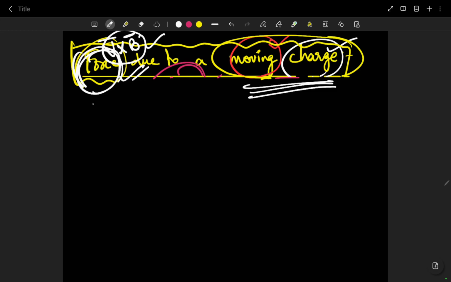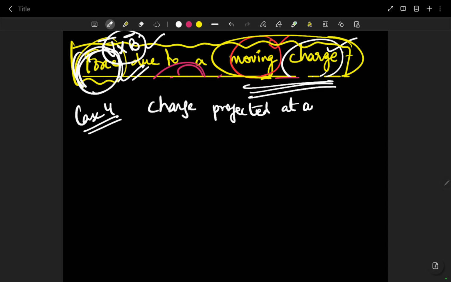Then here comes case 4. So in this case, the charge is actually projected intentionally at an angle of theta, right? So this is what we are discussing.